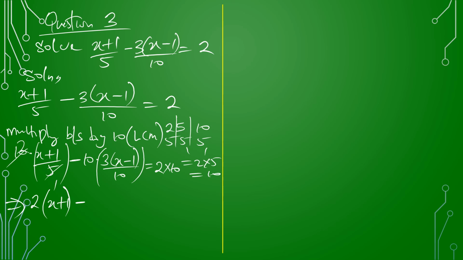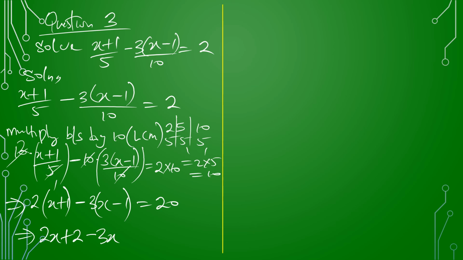Now minus, what will happen? This 10 will cancel this 10. You now have minus 3 into x minus 1 as equal to 20. Now simplifying further, you have that 2 times x is 2x plus 2 times 1 is 2. Then minus 3 times x is minus 3x.